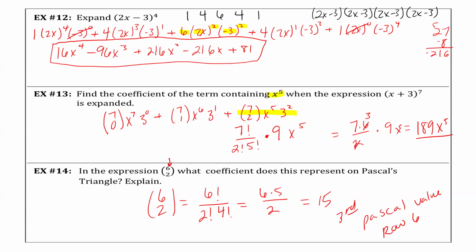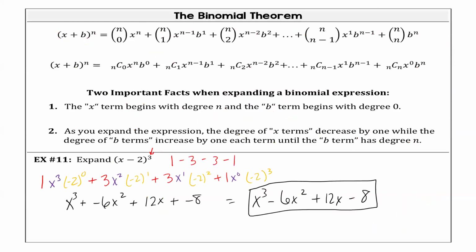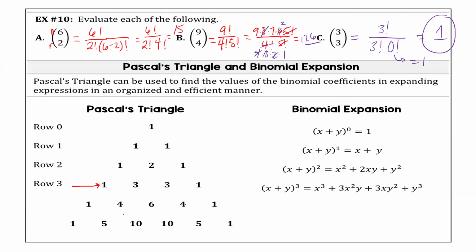It asked us, what is the coefficient and what does it represent in Pascal's triangle? Backing up to Pascal's triangle, if we were to continue and go down, we have 1, 6, 15, 20, 15, and 1.